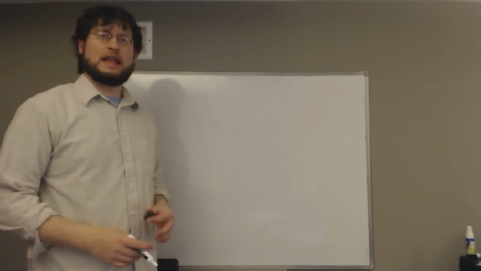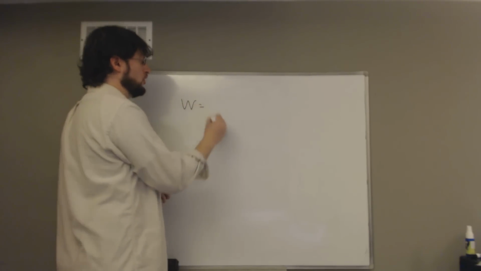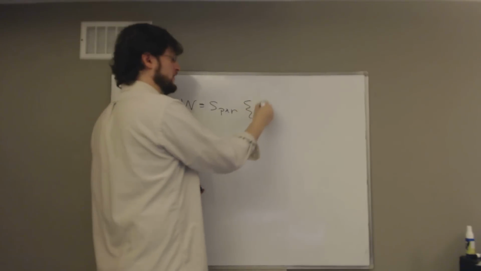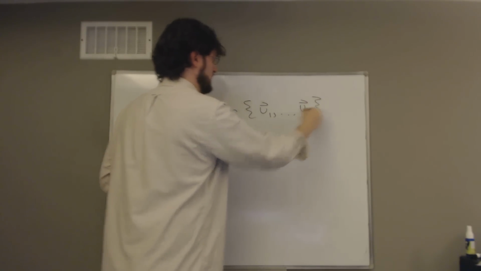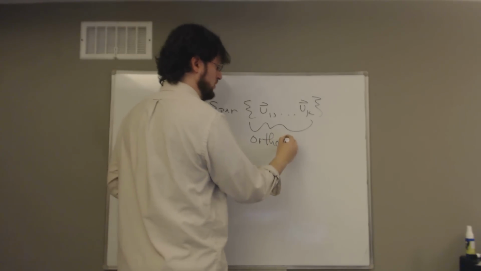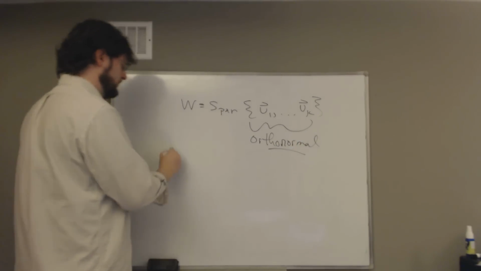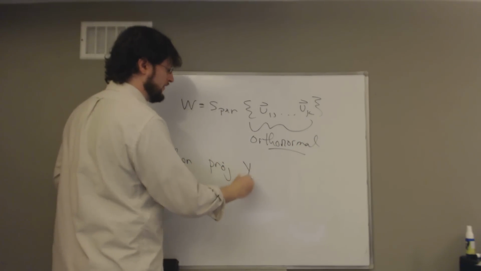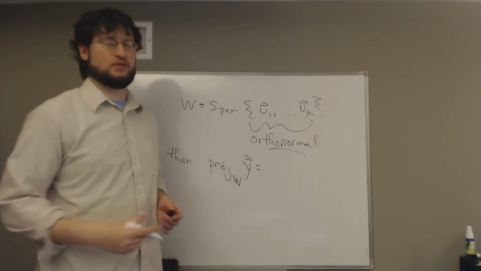Finally, one last nice thing if we have an orthonormal set that is our basis. If W is the span of U1 through UK, where these vectors make an orthonormal set as before, then the projection of any vector y onto the subspace W has a very nice formula.